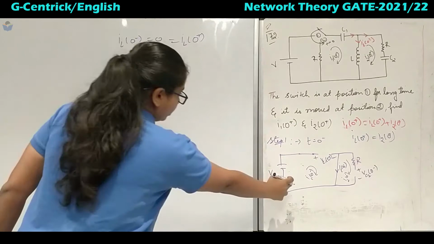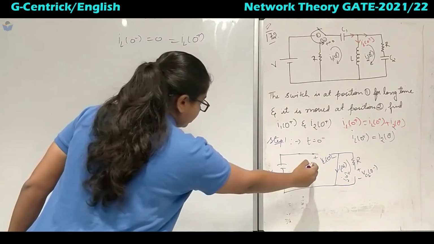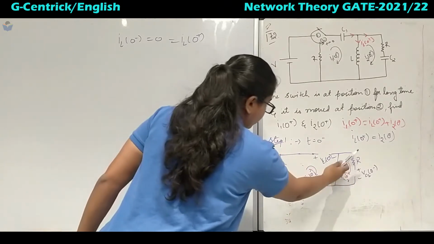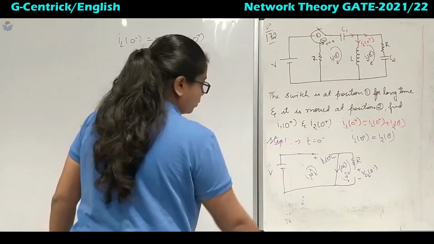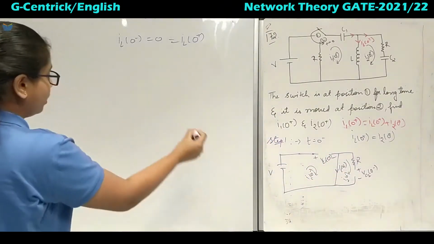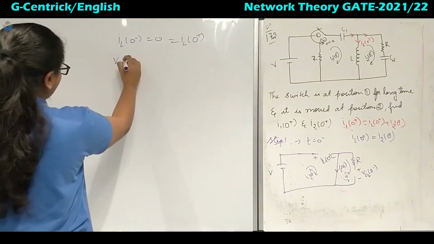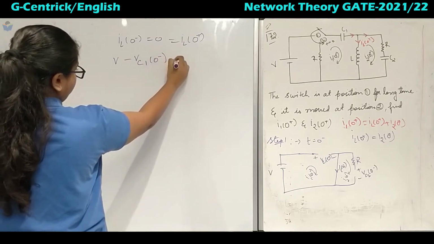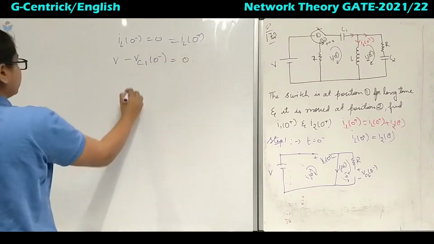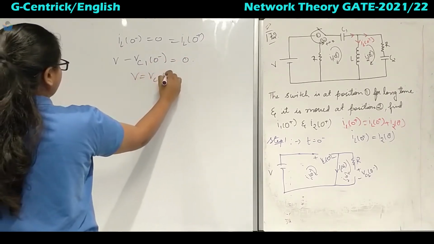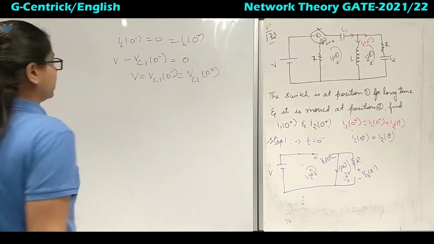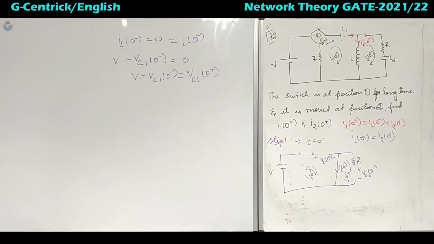Now what will be the voltage across VC1? The current in this will be 0, it is a short circuit path, everything will flow in this one only. So applying KVL, plus V minus VC1 of 0 minus equals 0, so V equals VC1 of 0 minus, which will also be equal for 0 plus. This is the analysis of step 1.